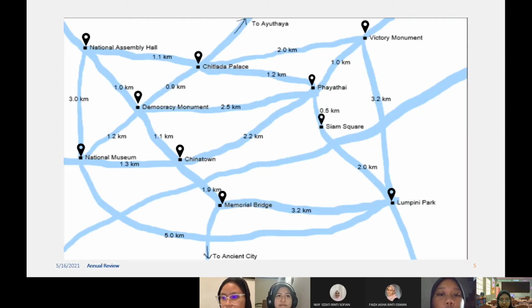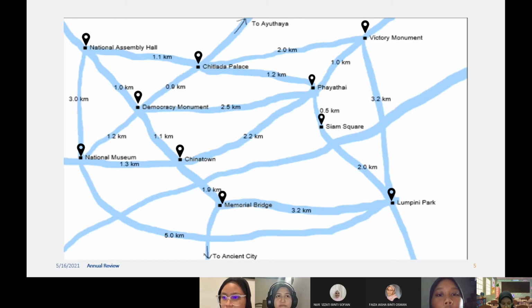Then when we arrive at Democracy Monument, we have a few other routes that we can take, but we cannot take Payatai and Chilada Palace because we already chose those cities before. We also cannot choose National Assembly Park because we already chose that too.